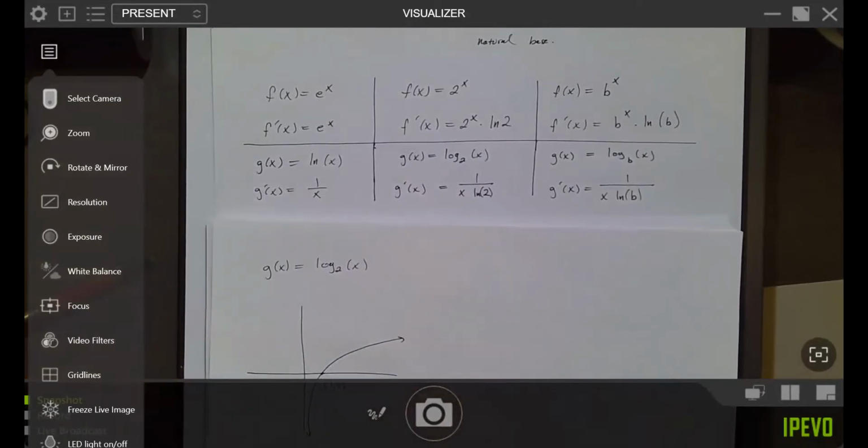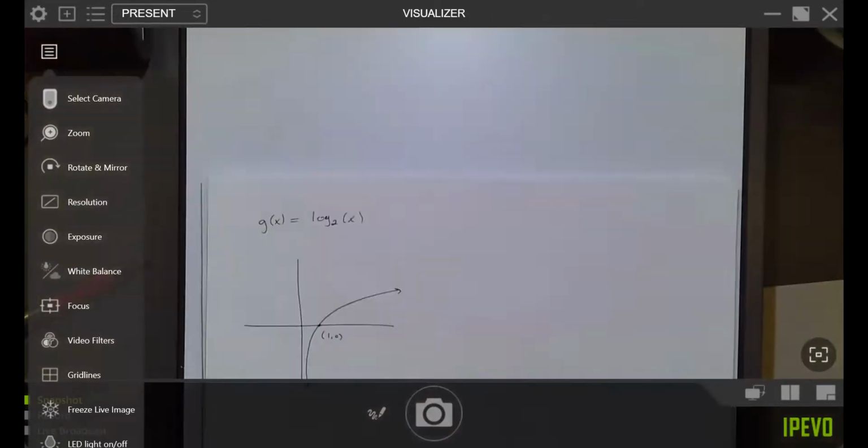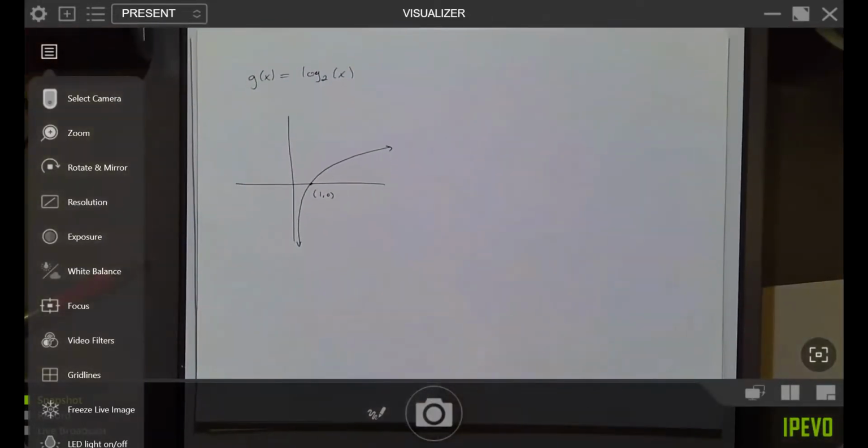This is the general logarithmic shape. And what I really want you to know about this at the moment is it's the inverse function of the exponential function 2 to the x.